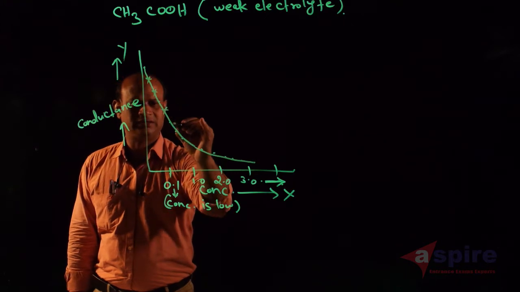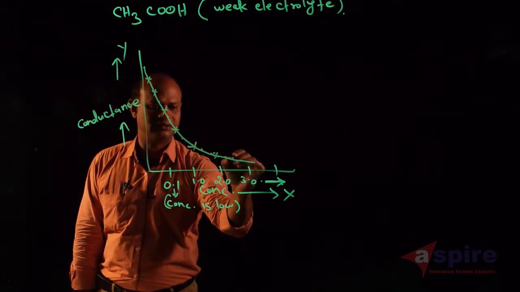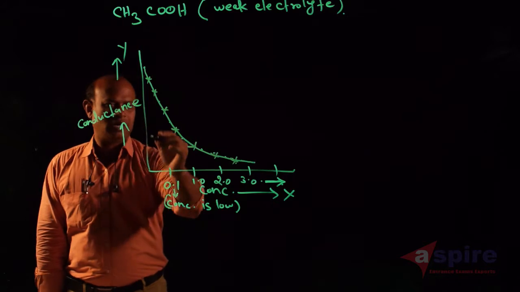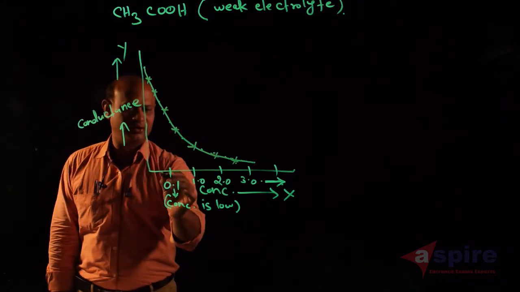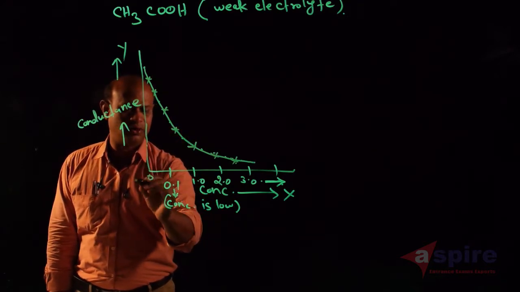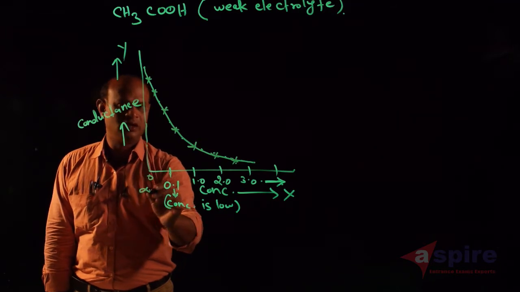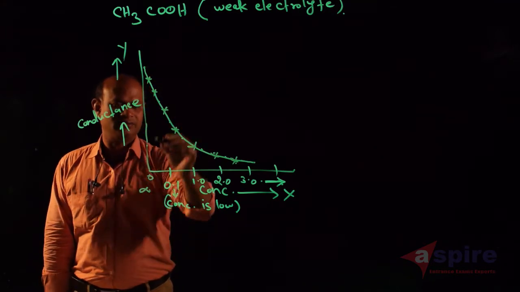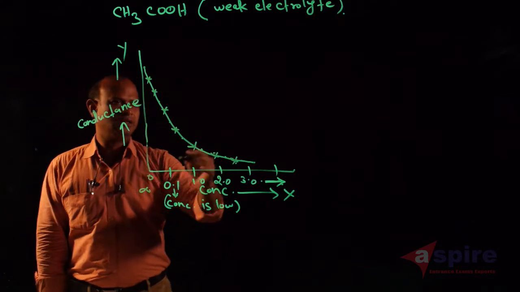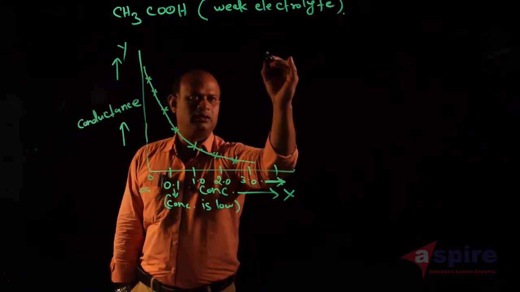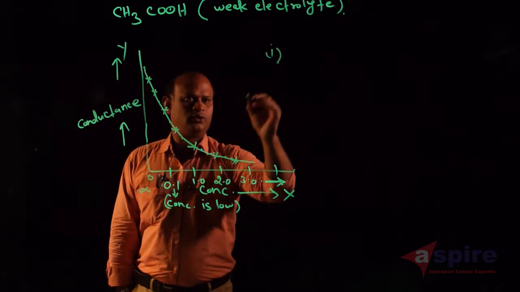These are all the various points of concentrations. So at infinite dilution, that is near the point of 0, we have maximum conductance. This is due to three factors.